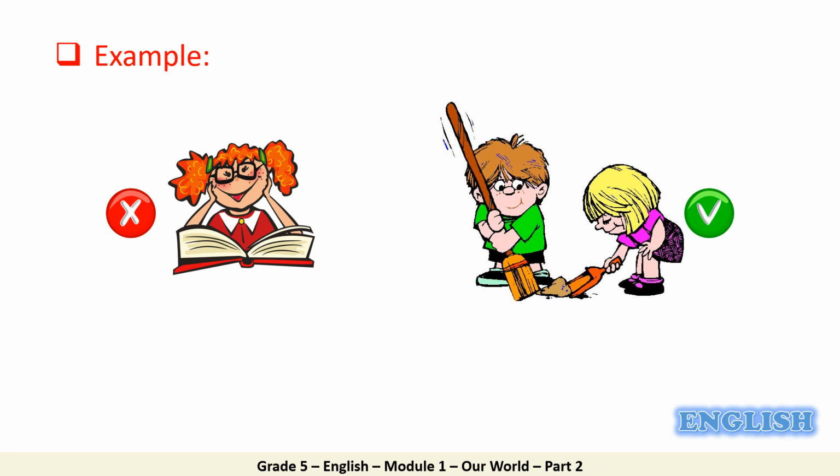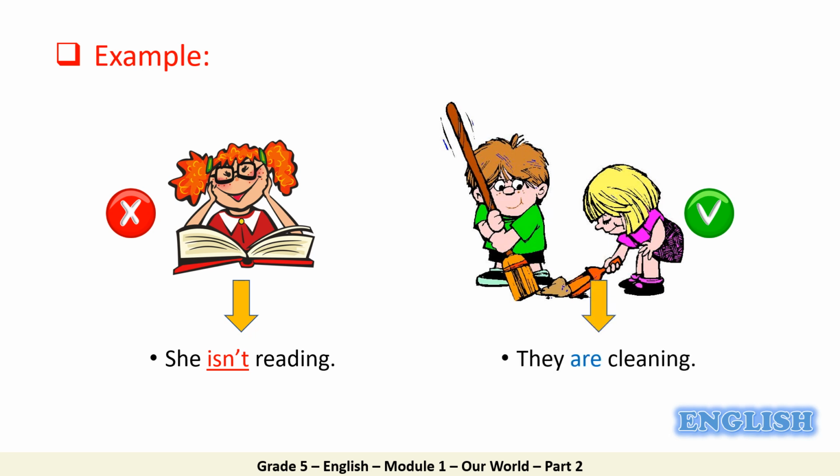We will start the sentence with which pronoun? She. Very good. She isn't reading. Good job. Let's see picture number 2. It is affirmative, and we will start with the word they. They are cleaning.